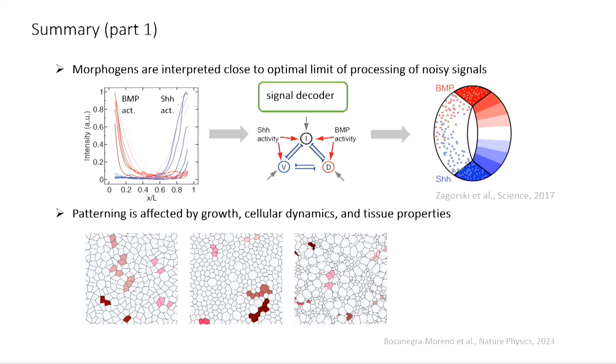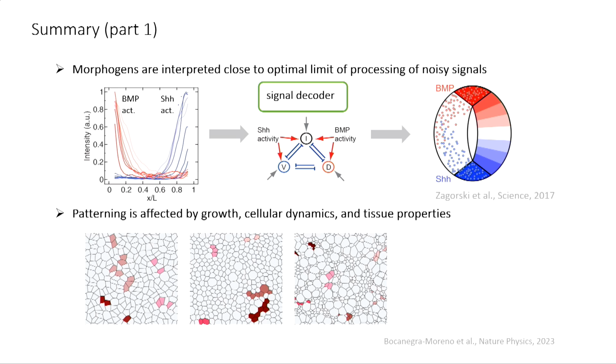What acts as the decoder is the gene regulatory network, but at the end you get something that really uses the available information very accurately. This probably indicates that there is some evolutionary adaptation, at least in Drosophila or spinal cord, maybe in other systems, that drove the system to act close to the optimal limit.